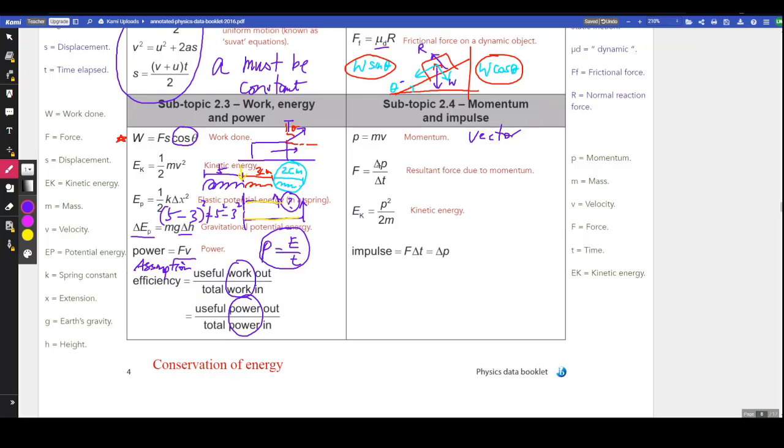Next equation is delta p over delta t equals F, and I would like to point out that F is resultant force. That means net force, in other words. You may wonder why we have to point this out. Normally it's okay, like if you are doing a horizontal motion. However, if you're doing a vertical motion, then it will be different, because for example, if the ball is changing its direction, when it bounces and touches the ground and bounces back up, then there are different forces involved.